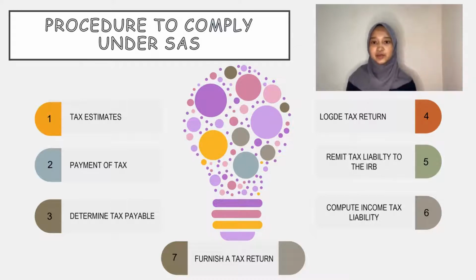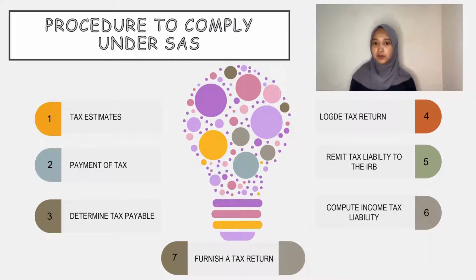Next, the second procedure is installment payment of tax. The payment will be made by installment. The installment begins from the second month after the start of the company's basis period, before the 10th day of each month. Next, the company must determine the tax payable.